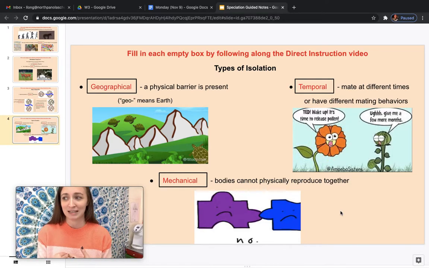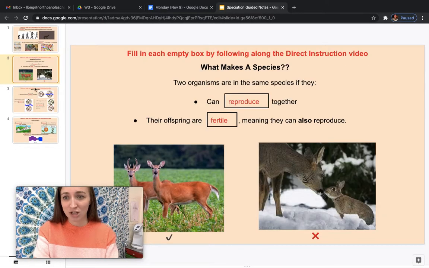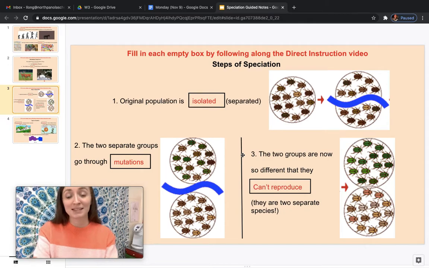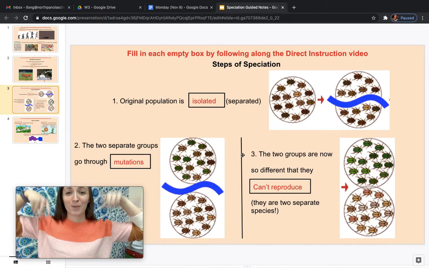That's why you don't see an elephant reproducing with a beetle. You can use your imagination there. It's just not going to work, right? So these are three different types of isolation, three things that could totally make mating between two groups of organisms just not be possible. Okay, so that is all about speciation and what makes a species and how it happens. Pretty easy day. If you have any questions, please let me know and we'll practice this tomorrow.